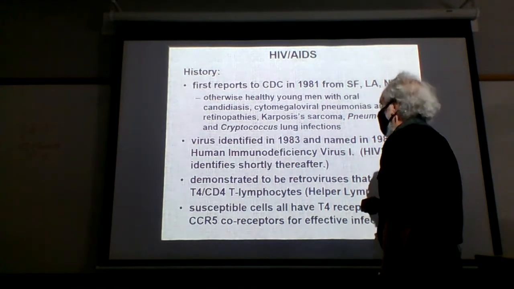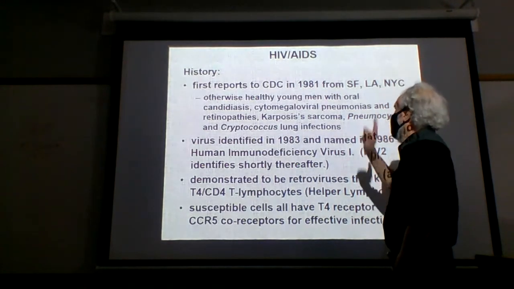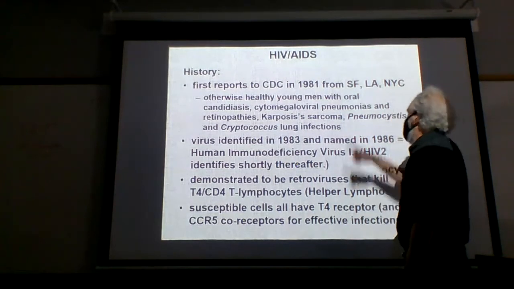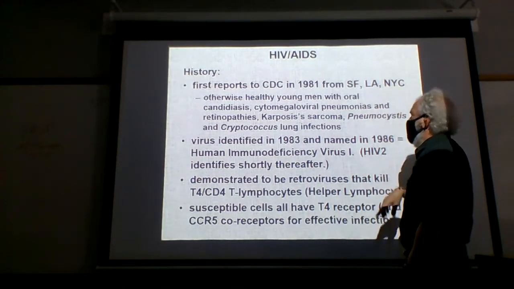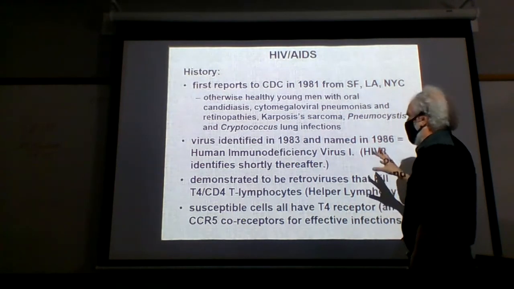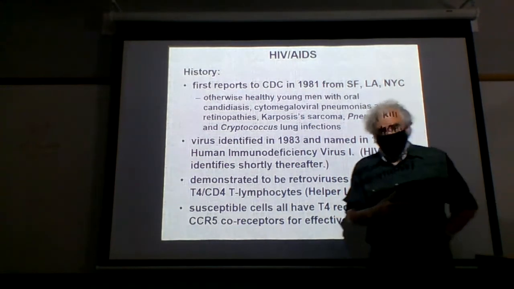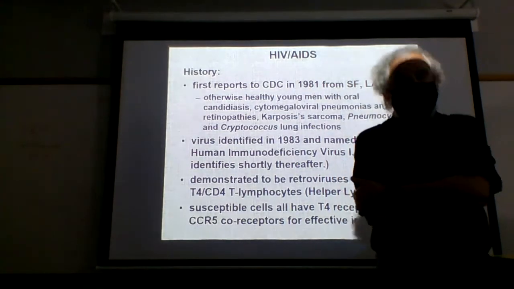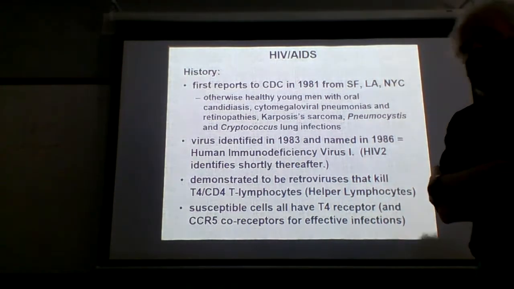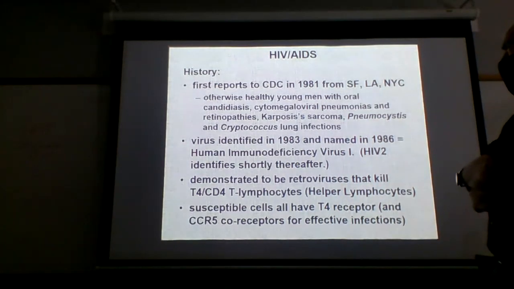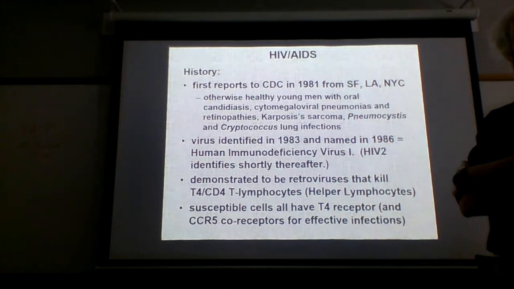So the first reports to the CDC happened in '81 from San Francisco, Los Angeles, New York City, and specifically, one of the things I remember reading about at this time is that the CDC was recognizing some very rare pathologies.